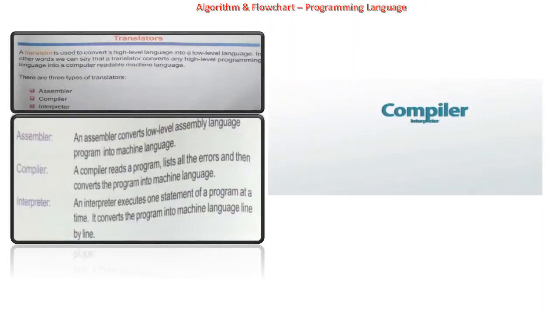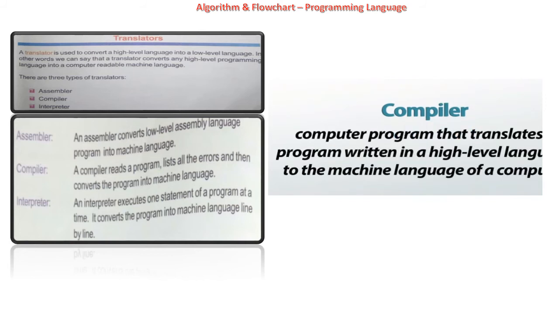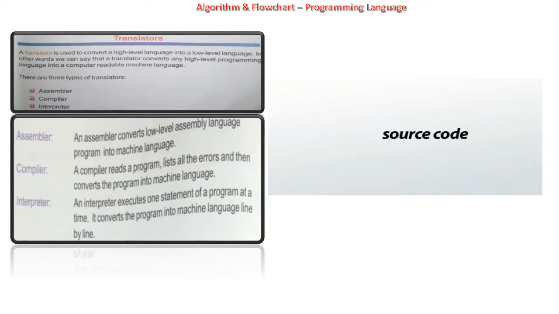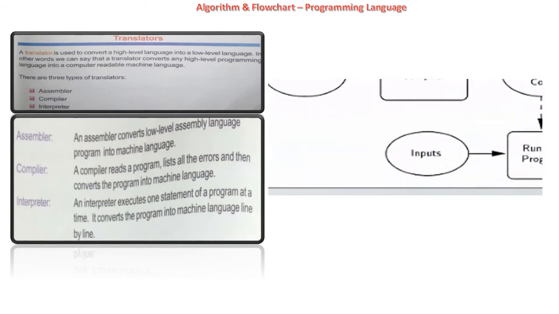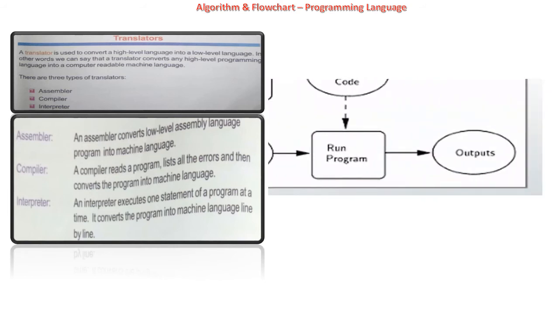Translators. A translator is used to convert a high-level language into a low-level language. In other words, a translator converts any high-level programming language into a computer-readable machine language.